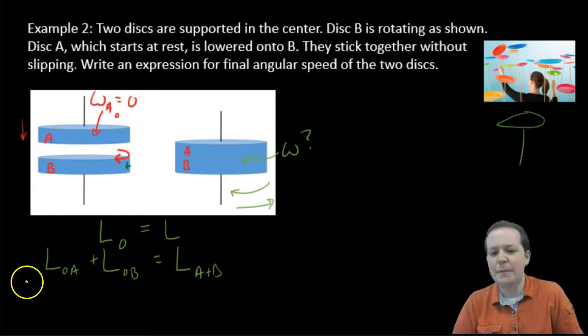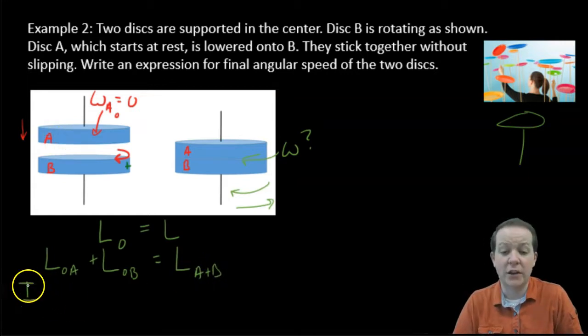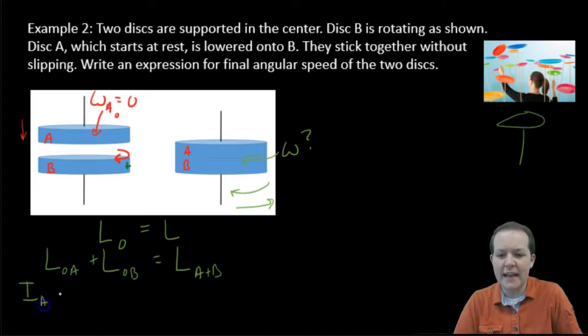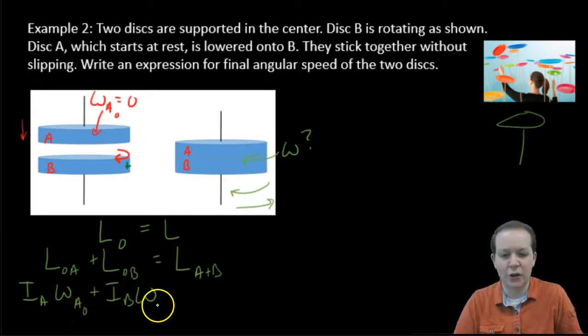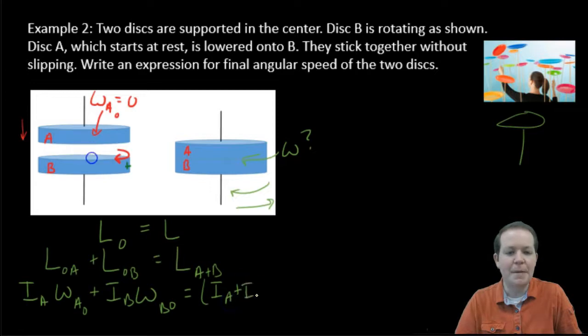So that's going to be the rotational inertia of object A times the initial angular velocity of object A, plus the inertia of B times the initial rotational velocity of B. That equals, we add them up, I_A plus I_B.